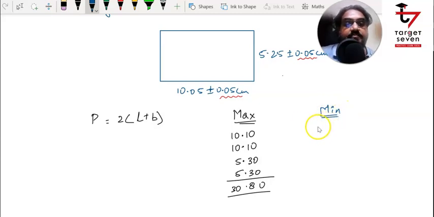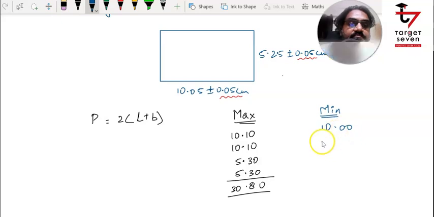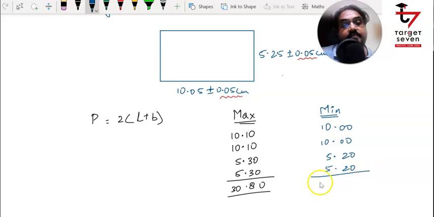The minimum possible value of the length would be 10.00, while the least possible value of the breadth would be 5.20. You would now have the minimum possible perimeter as 30.40.